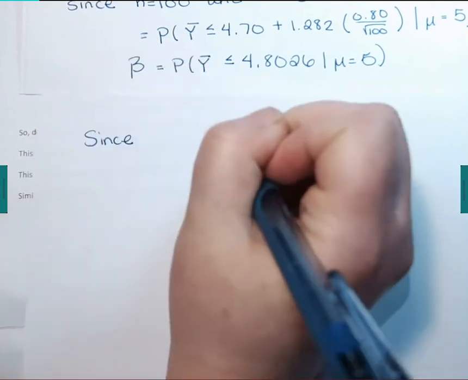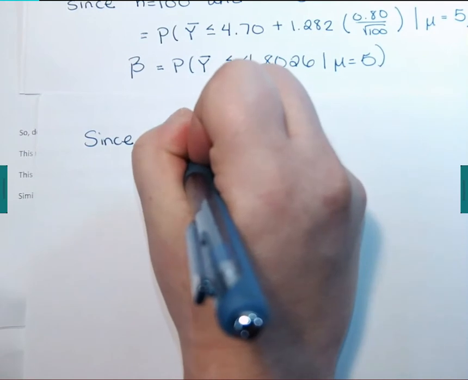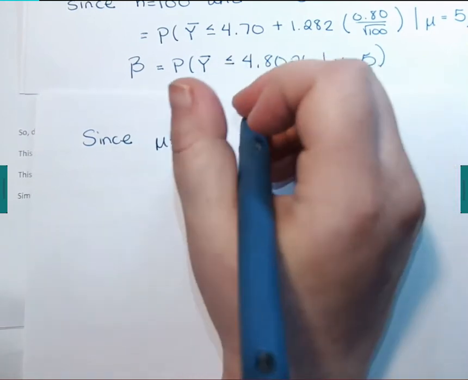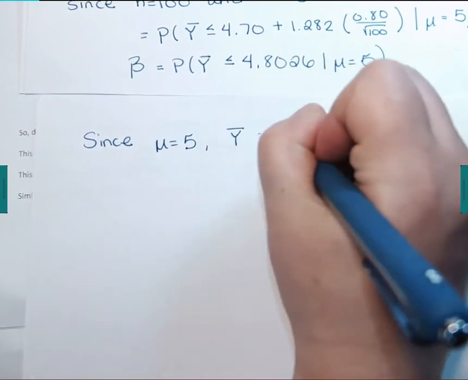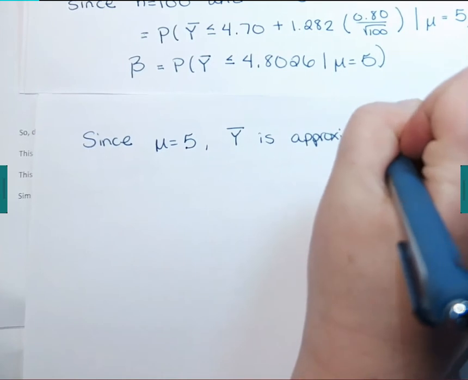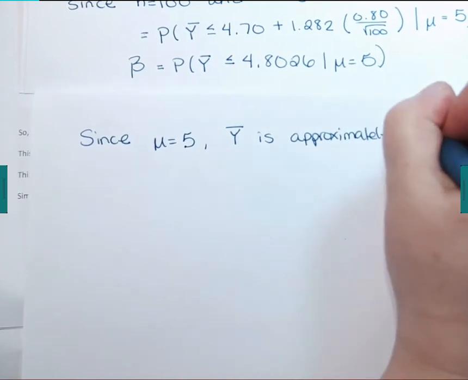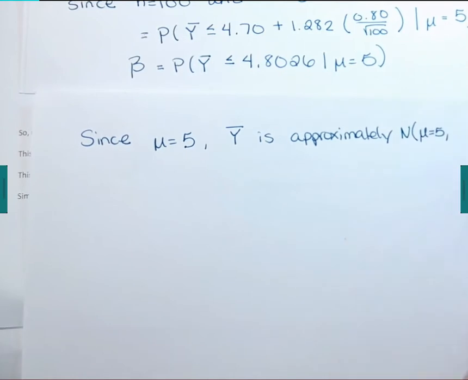So since we're making the assumption that mu is equal to 5, we know that y bar is approximately normal, and it's going to have mean equal to 5. And then our variance is going to be equal to sigma squared divided by n.